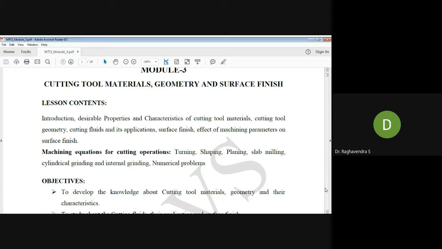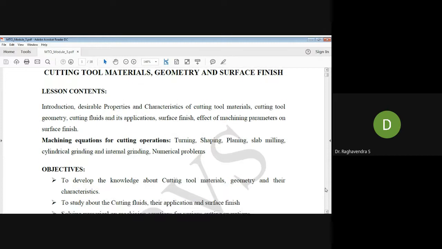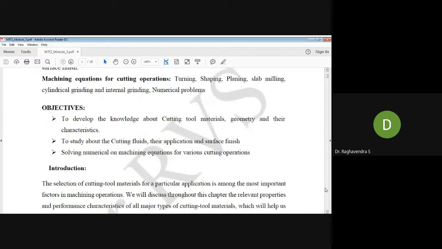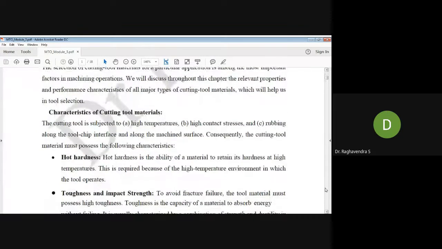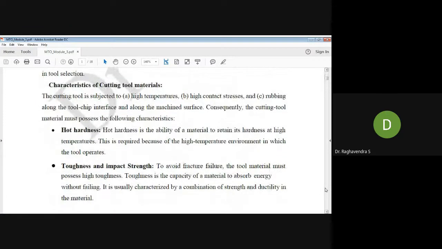So let us go to the characteristics of cutting tools. What should the characteristics be? The cutting tool is subjected to high temperature, high contact stresses, and rubbing along the tool-chip interface and along the machined surface. Consequently, the cutting tool material possesses the following characteristics.